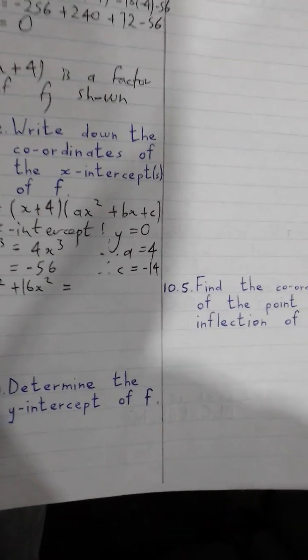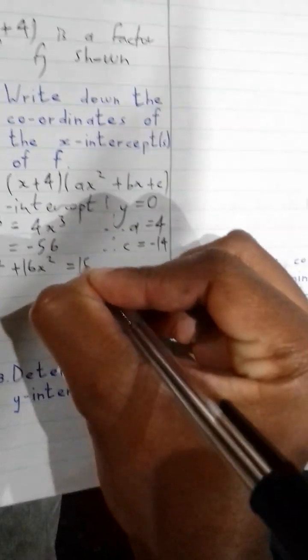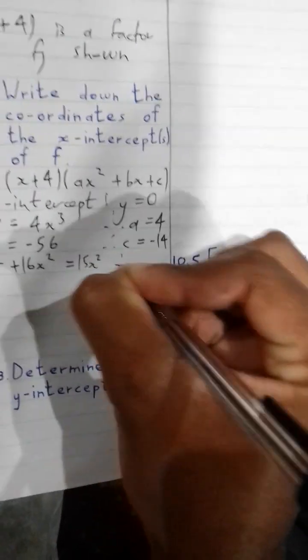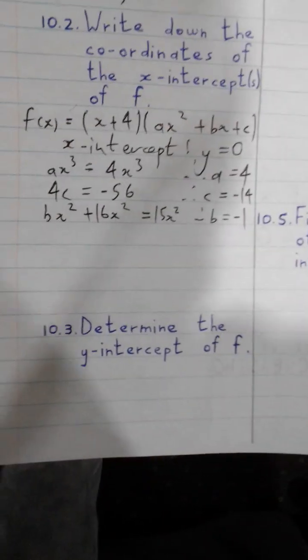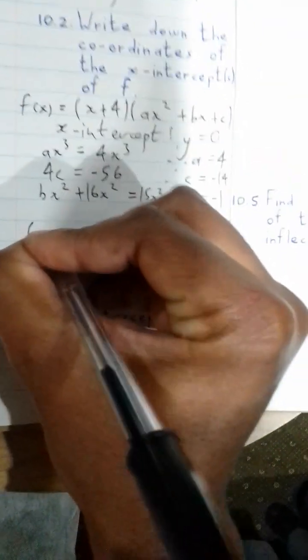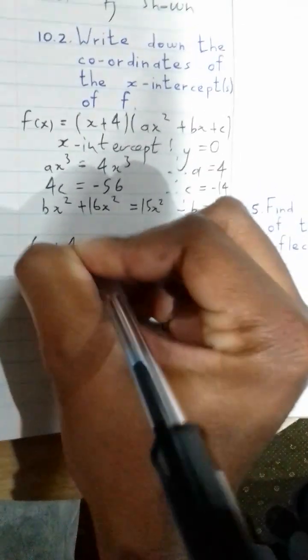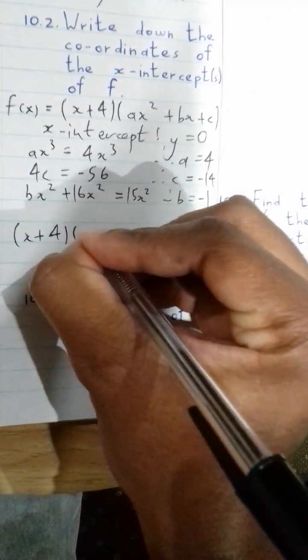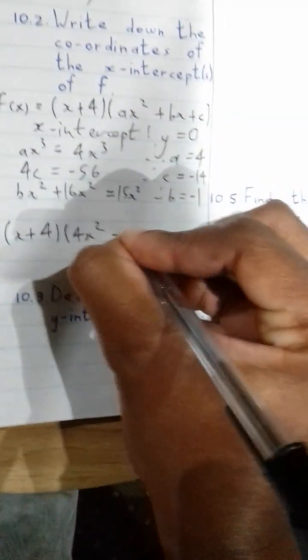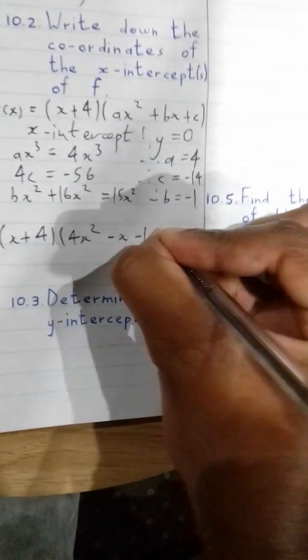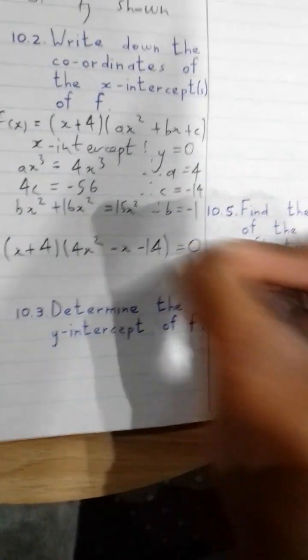The x squareds must give us 15x squared, so b is negative 1. So we are going to have x plus 4 times (4x squared minus x minus 14) is equal to 0.